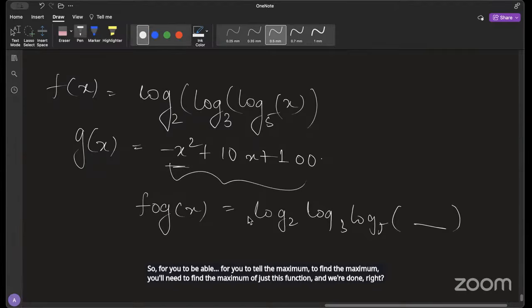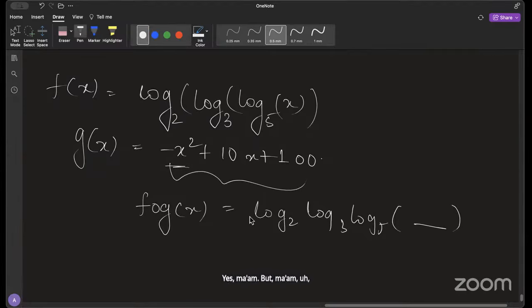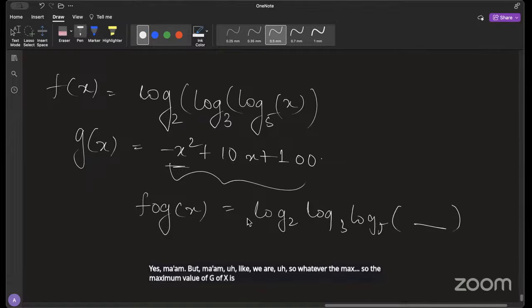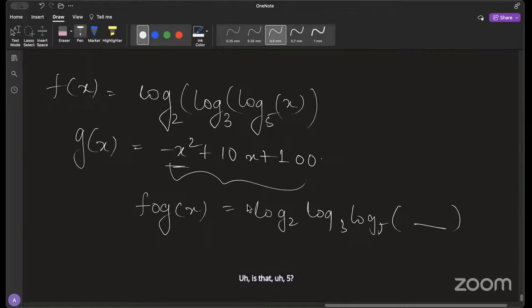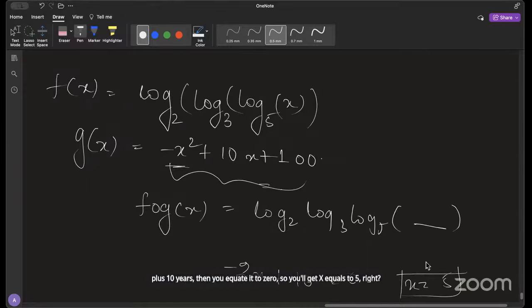Yes, ma'am. But the maximum value of g of x is at x equal to 5, right? Yes, you differentiate to get minus 2x plus 10, equate it to 0, and you get x equals 5.